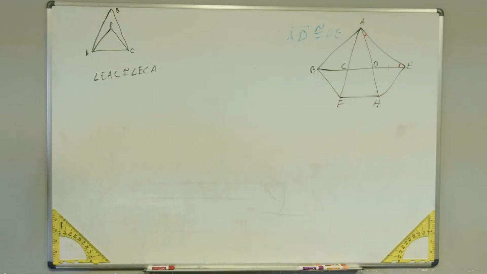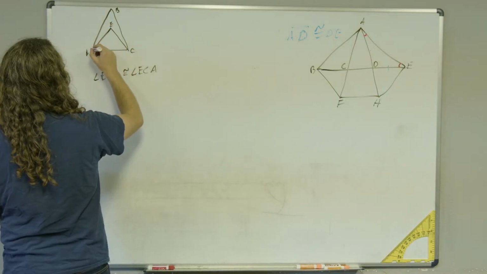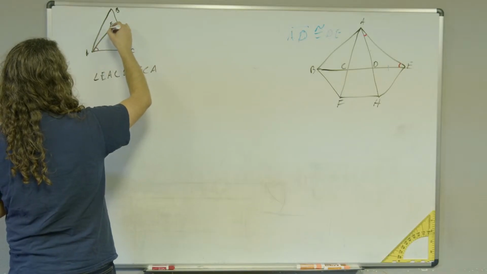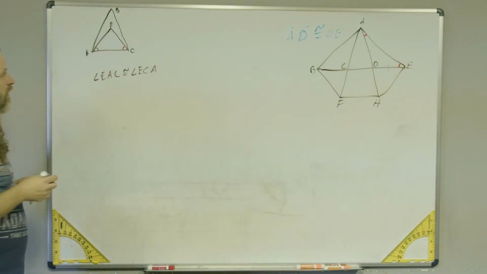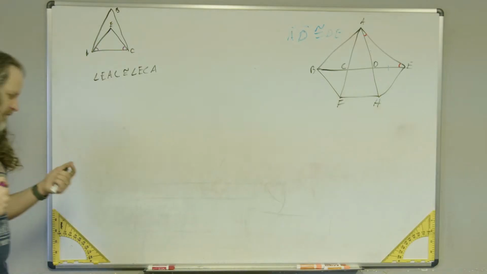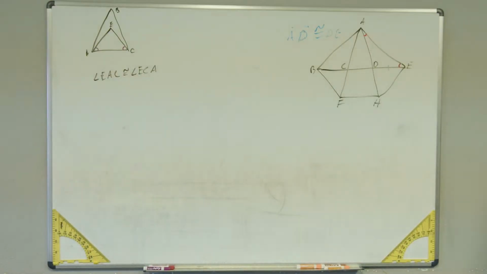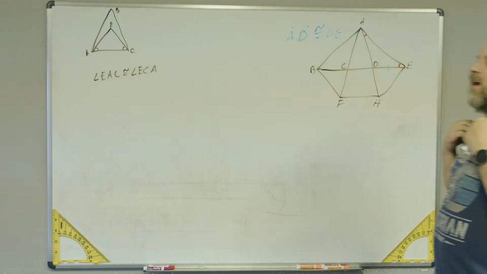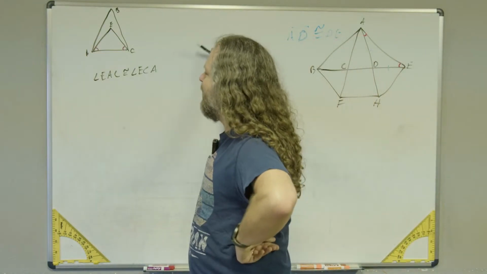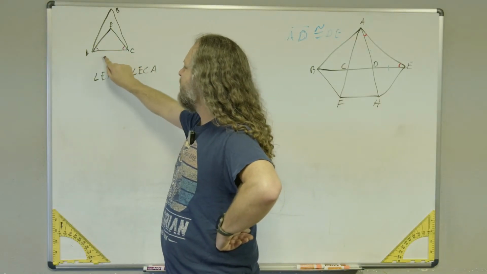So EAC, that's inside, right? That's this little triangle. EAC is congruent to ECA. So those two are congruent. So which triangle, Gavin, is isosceles because of those two angles? Which triangle is isosceles because these two base angles are congruent?